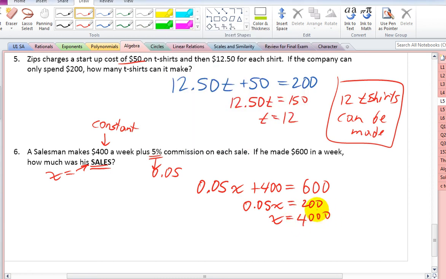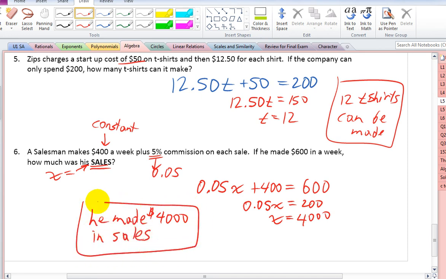So X equals $4,000. So he made $4,000 in sales. So he didn't make $4,000, but he sold $4,000 worth of merchandise.